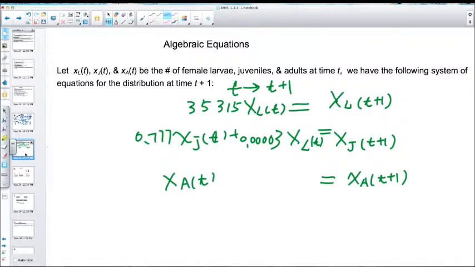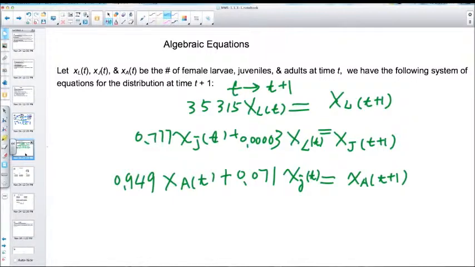This will be almost 95%. Add the juvenile matured to adult, and that will be 0.071. Those are all algebraic equations.